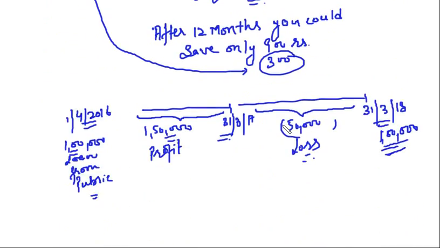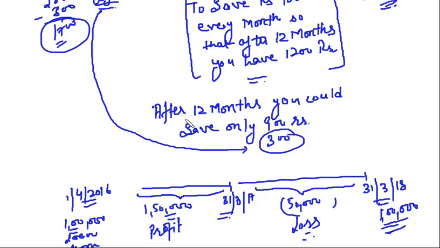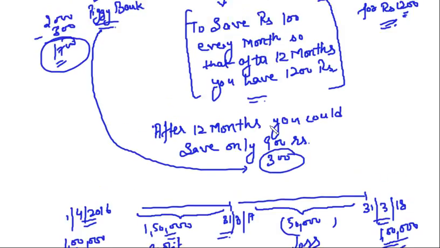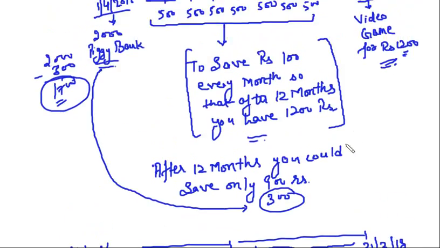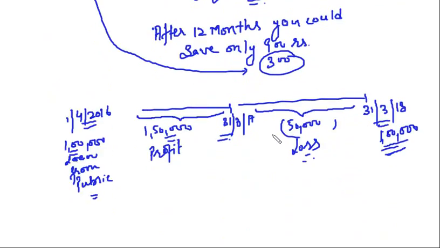But what happened in the year 17-18? You incurred a loss of 50,000. Now you don't have the profits. Here, what happened? After 12 months, you could accumulate only 900 rupees, whereas you needed 1200 rupees. Here also, you need 1 lakh rupees, but you don't have the profits to pay those 1 lakh rupees. What happened here?